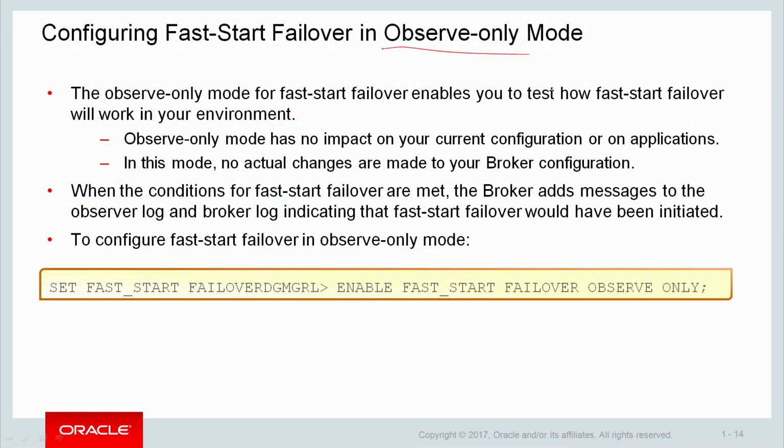When the conditions that you specify for fast start failover have been met, the broker will add messages to the observer log and the broker log indicating that the fast start failover would have been initiated but wasn't because you're in observe only mode. If you want to configure fast start failover in observe only mode, this is the dgmgrl command: enable fast start failover and specify observe only.